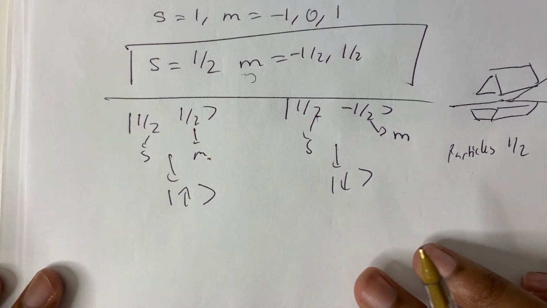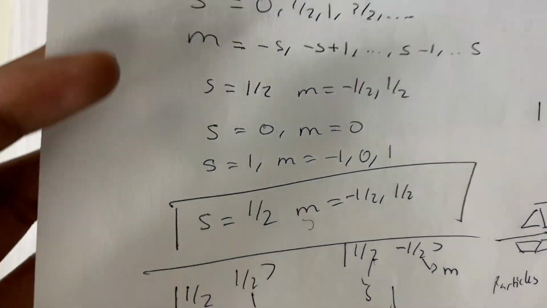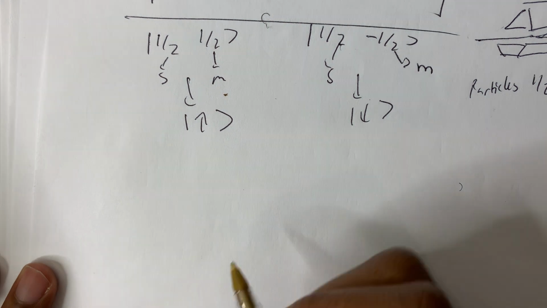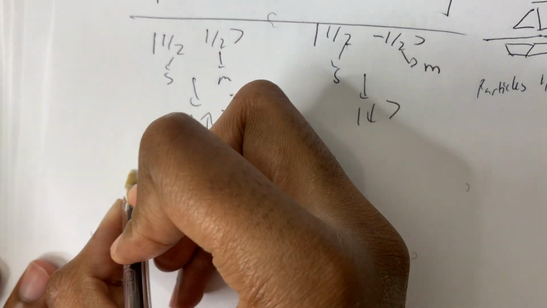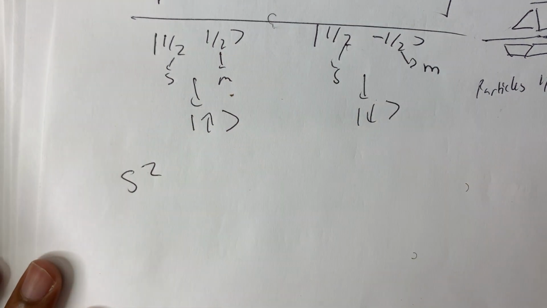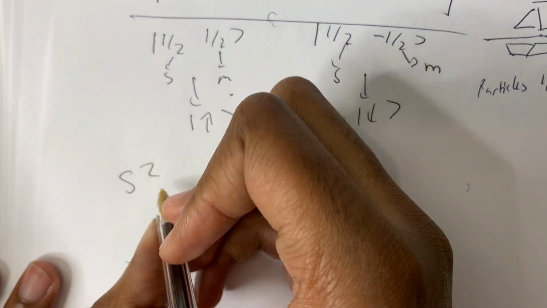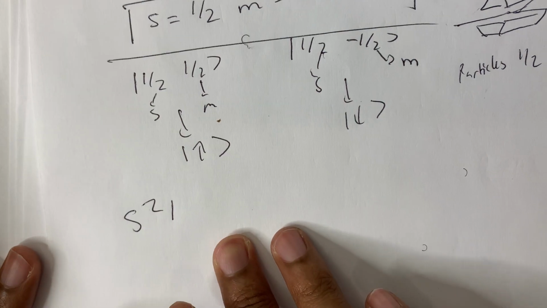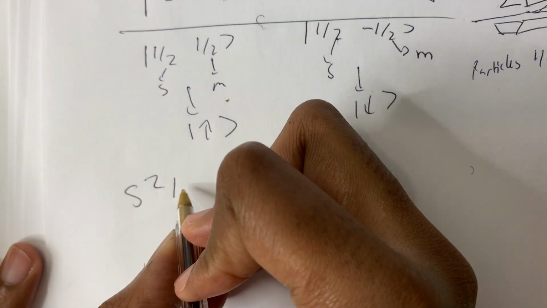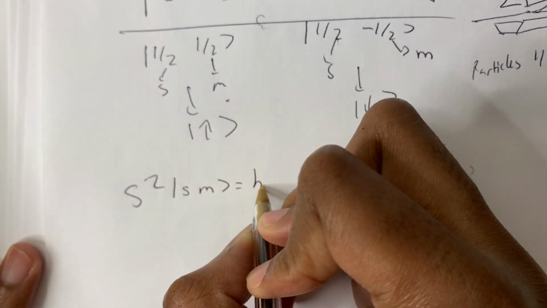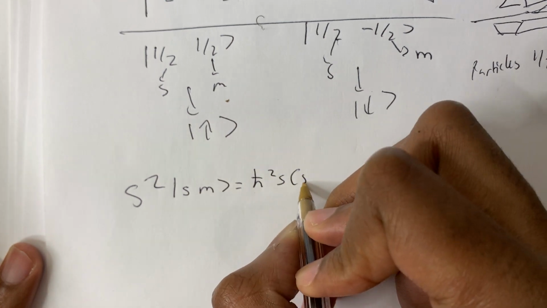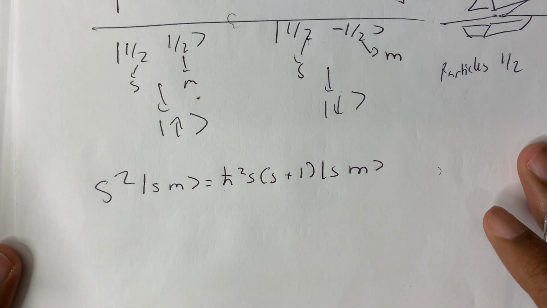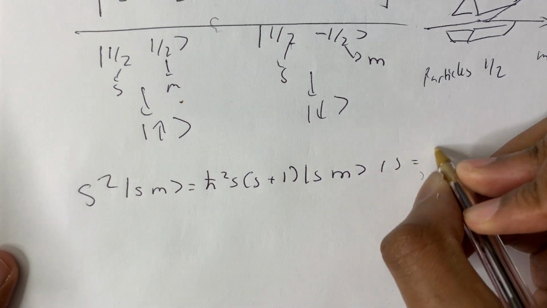So now we can finally talk about what those operators that we mentioned at the start are equal to. Let's start with the s squared operator. If you remember from earlier, s squared acts on |s, m> and gives us h bar squared s times (s plus 1) |s, m>. We are studying spin 1/2 particles, which means s is 1/2.